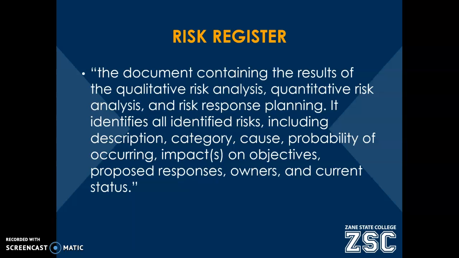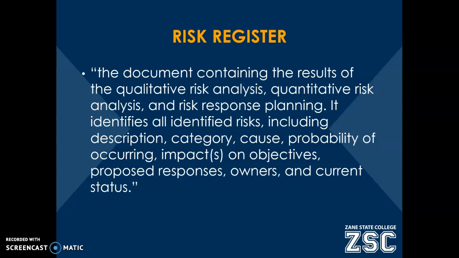So that basically summarizes everything we're talking about here in this chapter when it comes to risk. We want to identify the risks. We'll talk a little bit more in the upcoming slides about the difference between qualitative and quantitative, but we want to analyze the risks, understand why they might occur, come up with a plan to deal with it, and we may need to categorize those risks, looking at their causes, how it's going to affect the project.